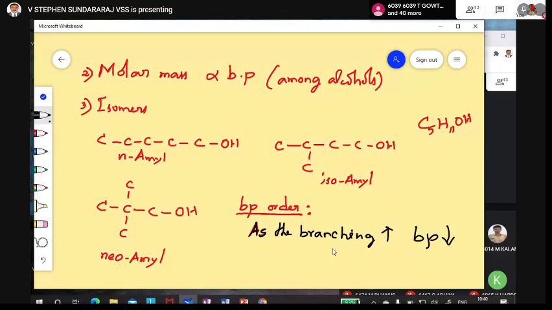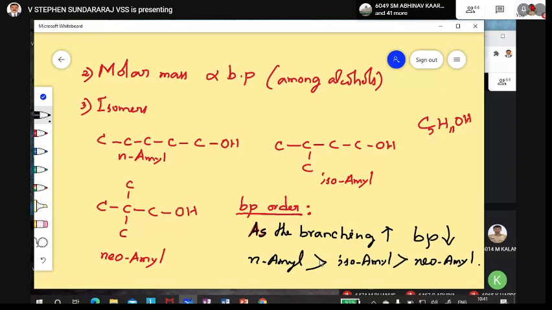So the highest boiling point will be N-amyl, then isoamyl a little less, and neoamyl will have the least among these. Remember the concept: as branching increases, boiling point decreases because the molecule becomes more and more compact. Surface area decreases, therefore van der Waals force decreases.